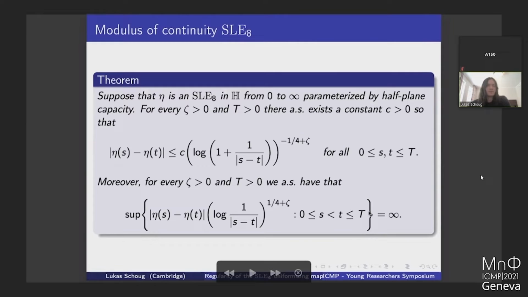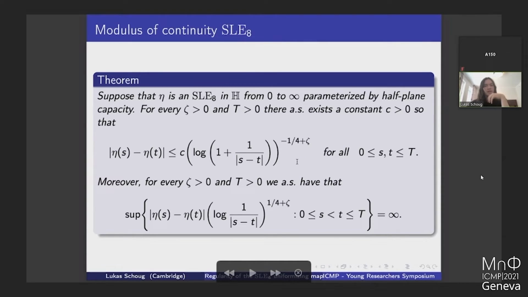And the last of our theorems is on the modulus of continuity of SLE8. So it's basically for any fixed p, there's almost surely a constant c greater than 0, so that the distance between eta at two different time points is bounded by log of 1 over s minus t to the power of some exponent which is slightly larger than minus 1/4.